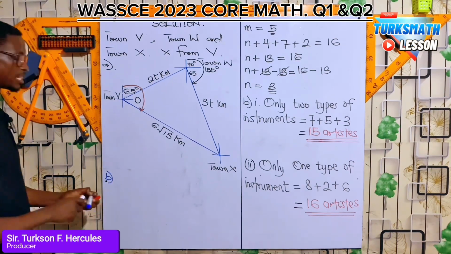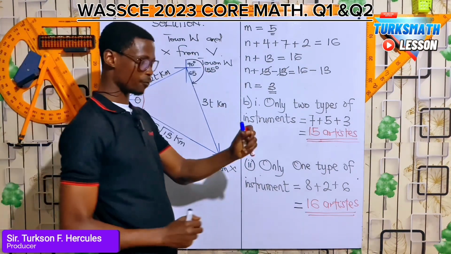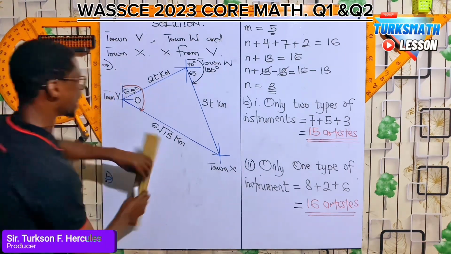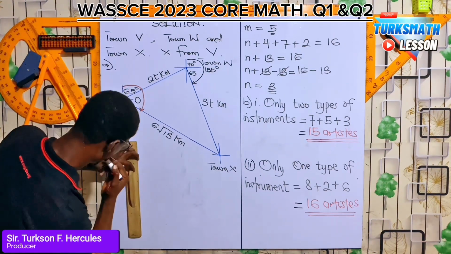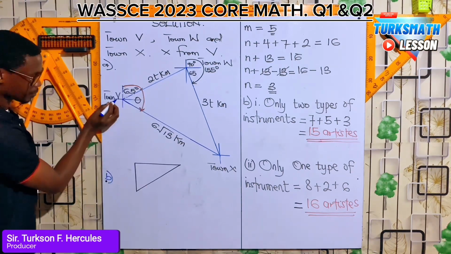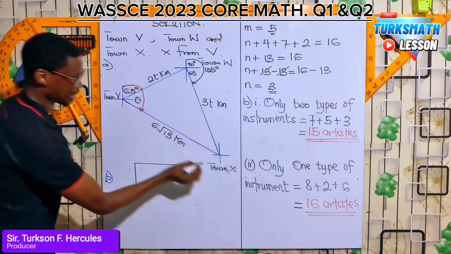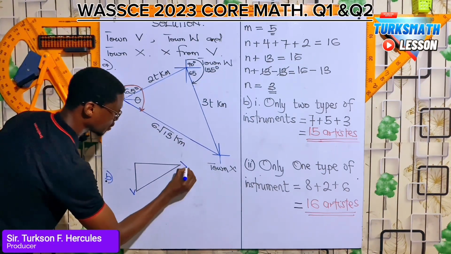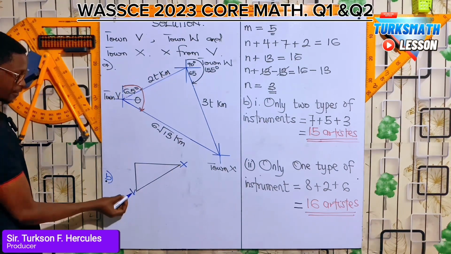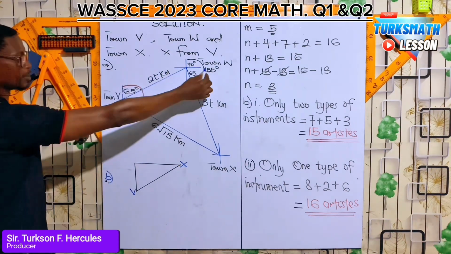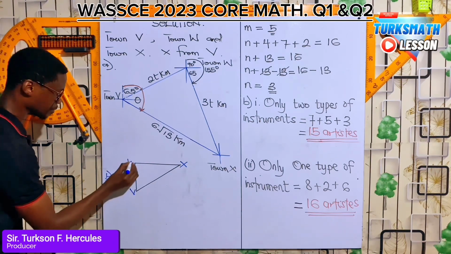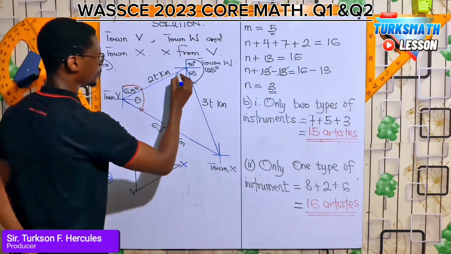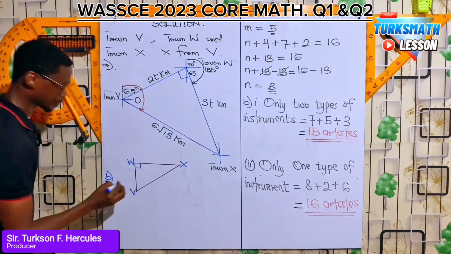The B is saying that we should find the value of T. Before I get my T, I need to do something nice here. Vx. Vx. Vw. Vw. Right. So 90. Theta.